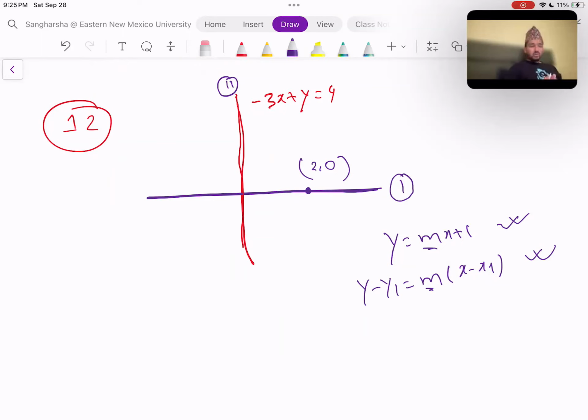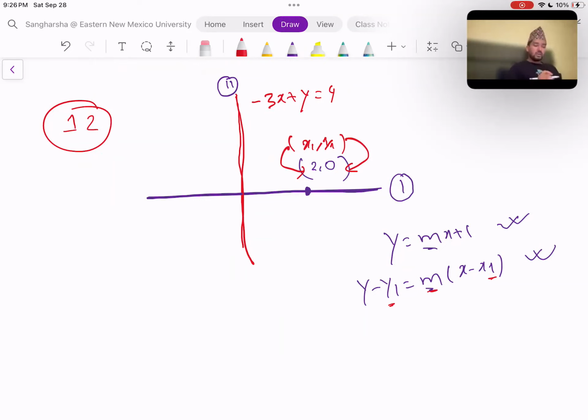We don't know anything about it. We have a point on that line, (2, 0), so let's call this x1, y1. We know x1 and y1, but we don't know the slope, so we need to find the slope first.